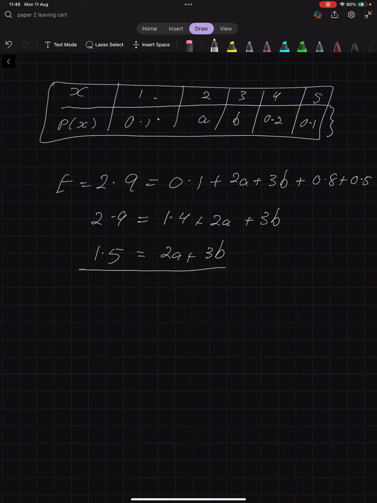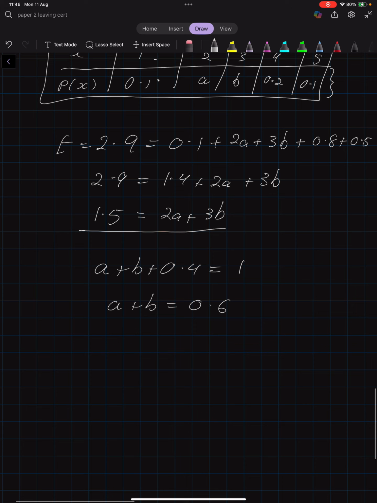But if this comes up in a leaving cert, this could definitely be something you would be expected to see. It's to remember that all the probabilities will add up to 1. So if I add up all the probabilities, I'm left with A plus B plus 0.4 equals 1. So A plus B equals 0.6.